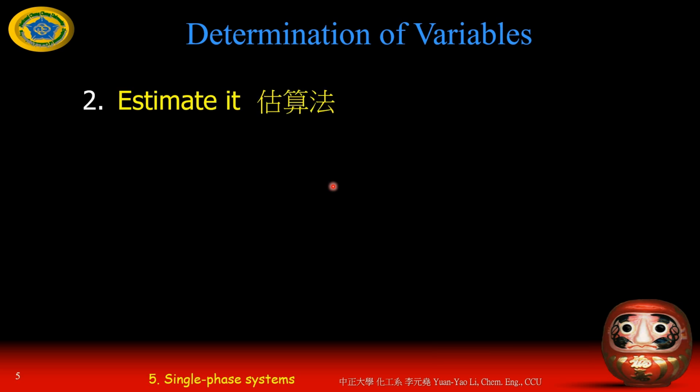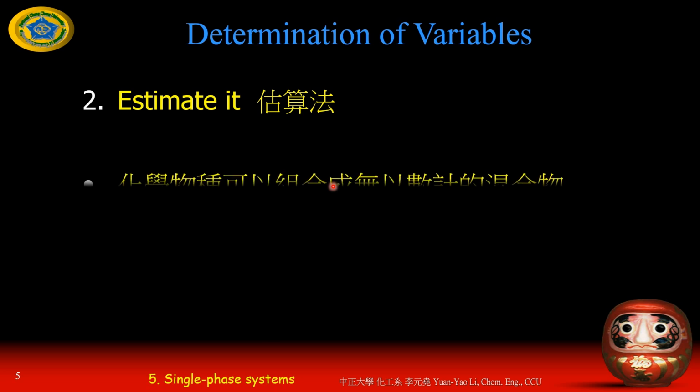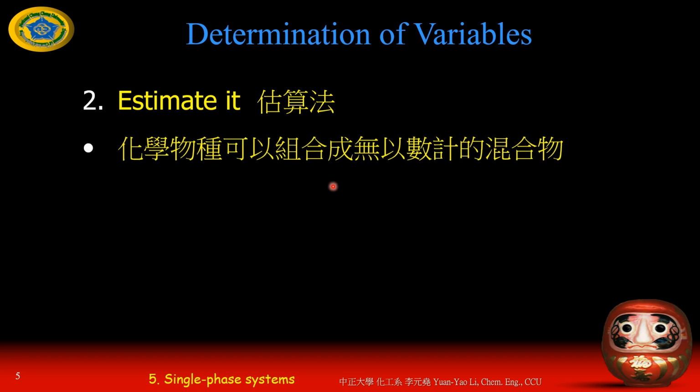Okay, and the second direction is estimate it. What does that mean, estimate? As I just told you, if we have a mixture of water and alcohol and want to find out the density, with a portion of 50-50 or 40-60 or 30-70, you can have thousands and thousands of combinations.